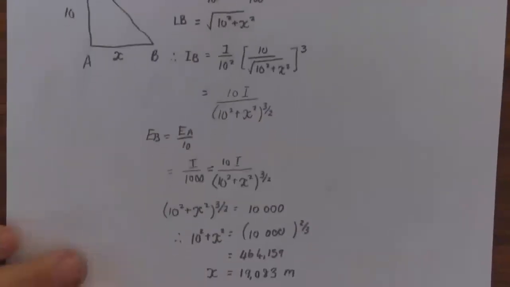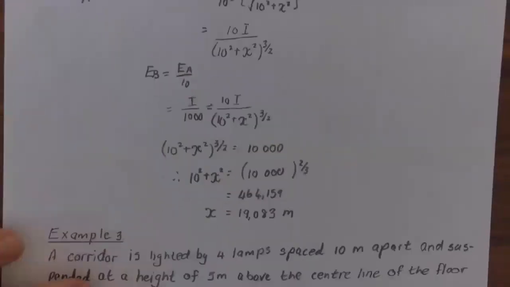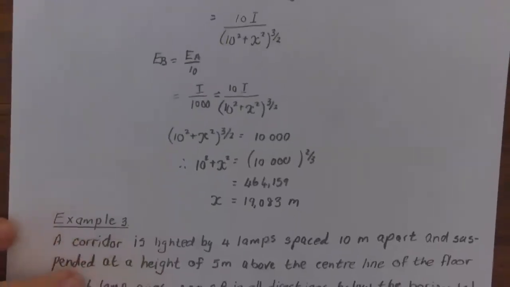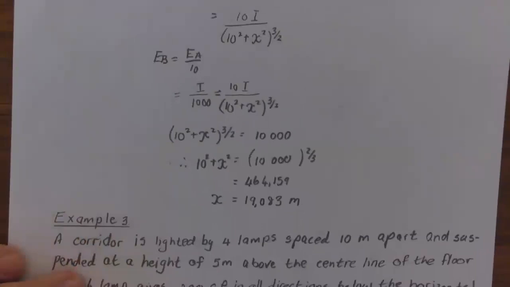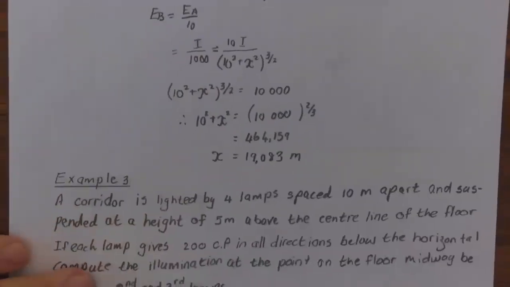That gives us 10 I divided by 10 squared plus x squared to the power 1.5. Now EB is equal to EA over 10. So therefore we have I over 1,000 is equal to 10I over 10 squared plus x squared to the 1.5. And if we solve for that, we find that x is 19.083 meters.